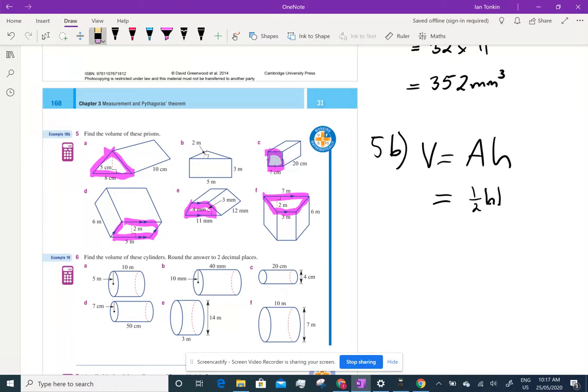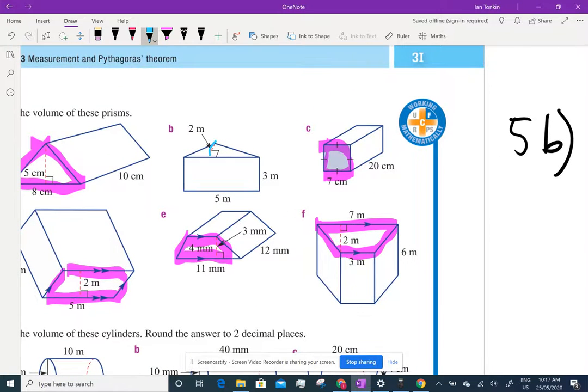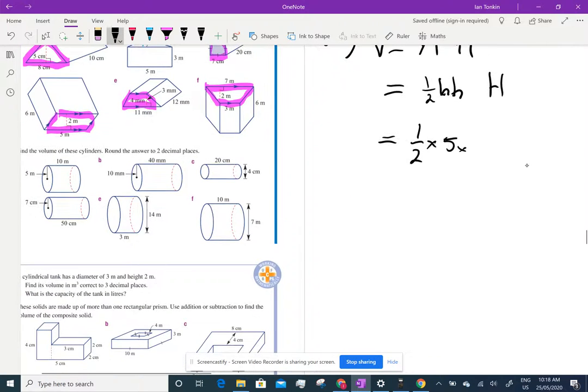I'm going to use a capital H for my volume formula here, and a little h there. So what's the base of that triangle? The base of that triangle is this line along here, so it's 5. And what's the height of that triangle? The height of that triangle is here, and it's 2. So half of 5 times 2.